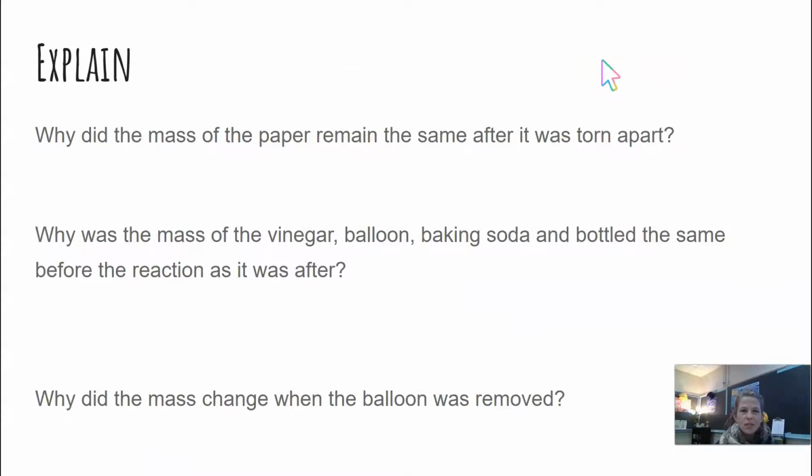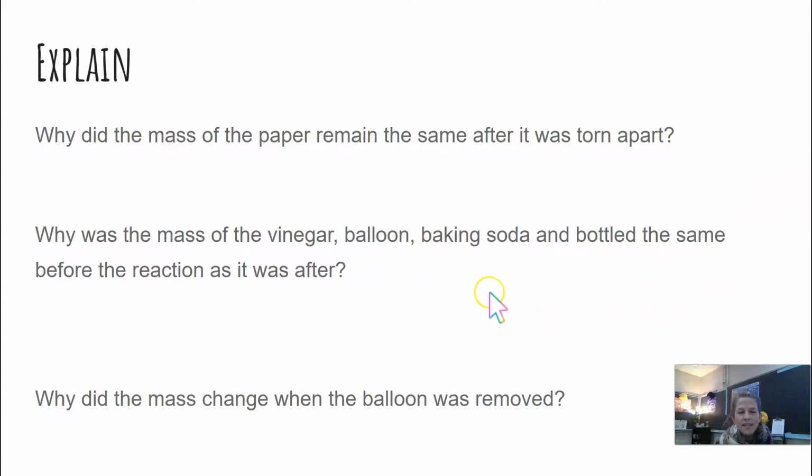I'm hoping you can have some discussion with your classmates about these 3 talking points. The first one, why did the mass of the paper remain the same after it was torn apart? You can pause, teachers, and just talk with your class about that question. When you're finished, I want you to talk about this question.